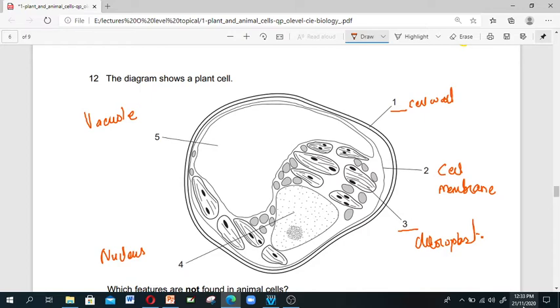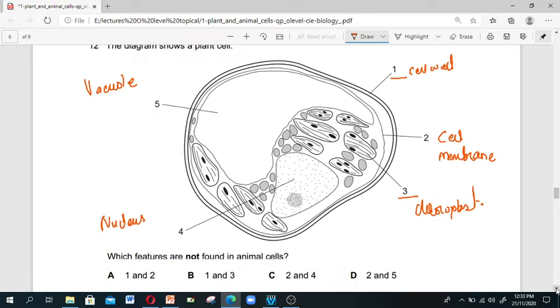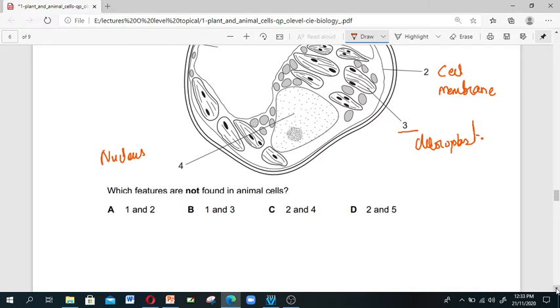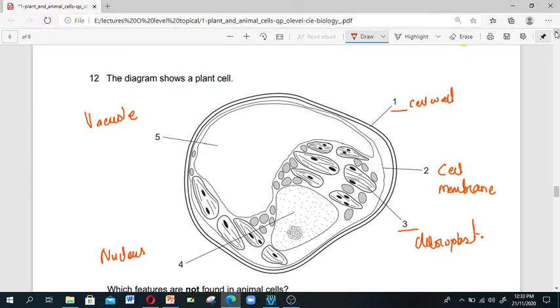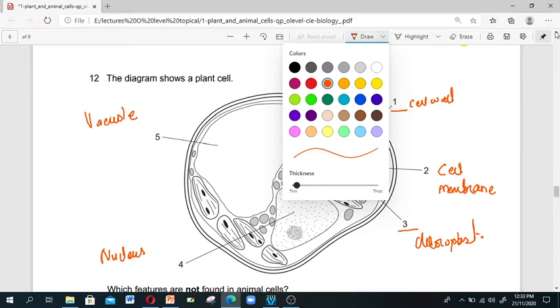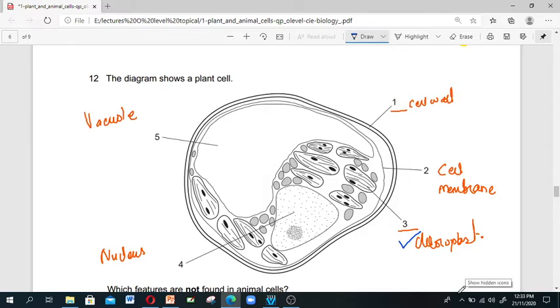Now the question they are asking: which feature is not found in an animal cell? Chloroplast is not found in an animal cell. Cell membrane is found in both animal and plant cells.